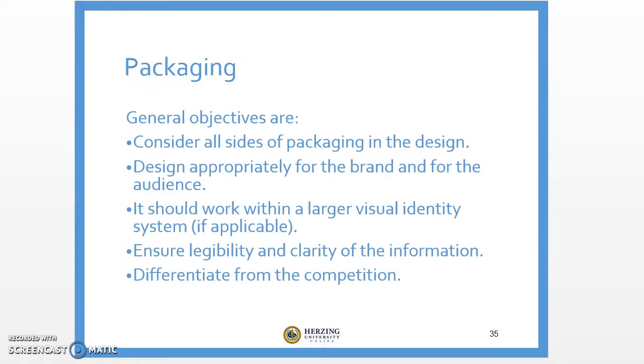So packaging general objectives are: consider all sides of packaging in the design. Design appropriately for the brand and for the audience. It should work within a larger visual identity system, if applicable. Ensure the legibility and clarity of the information, and differentiate from the competition.